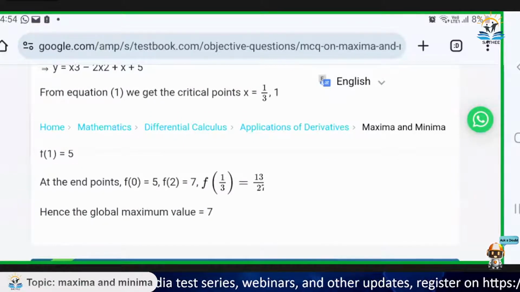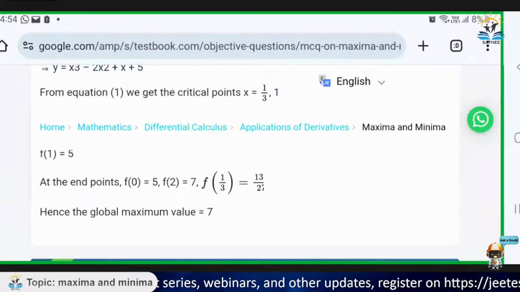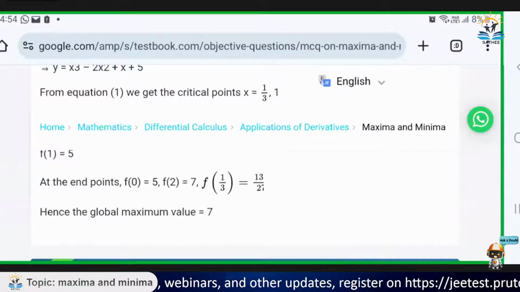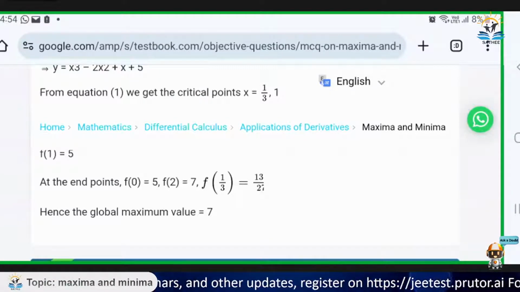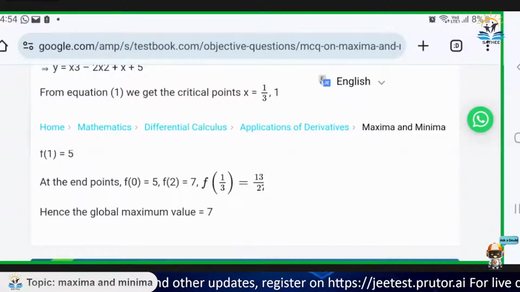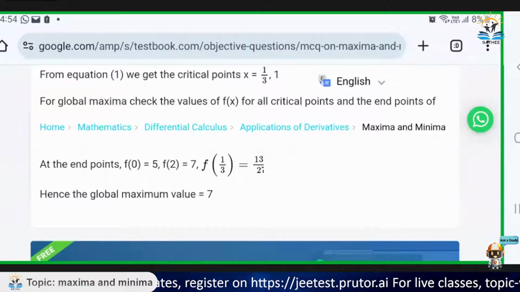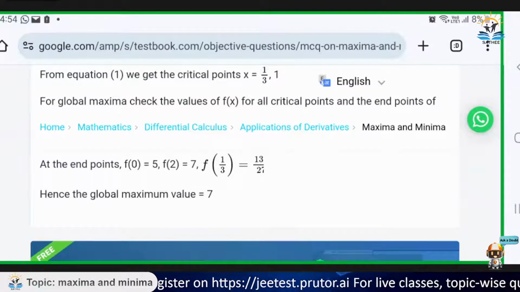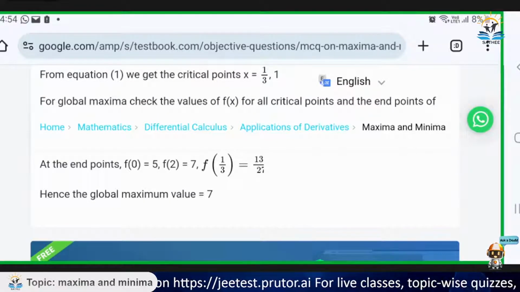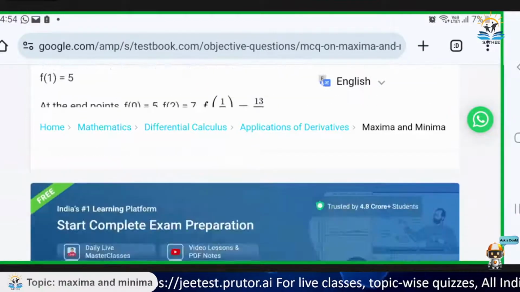We got the absolute maximum here at the extremity of the interval, which is not a local maxima. So for the process of absolute maxima, this should not be forgotten, that we have to check the extreme values. So the maximum value comes out to be 7.